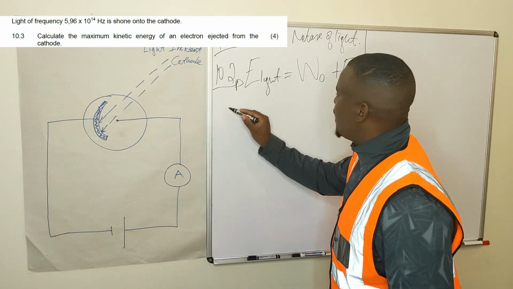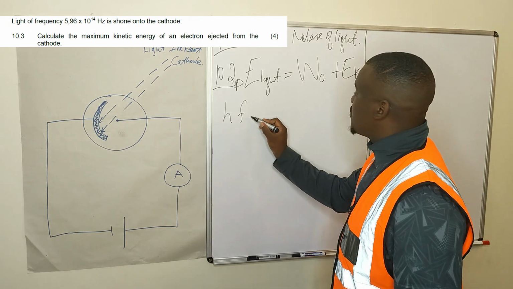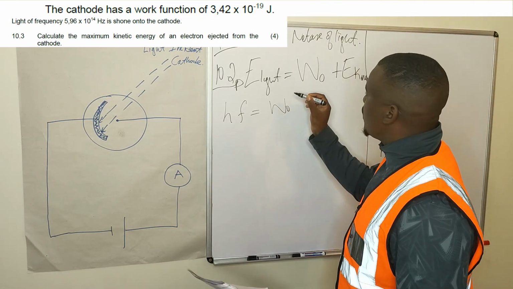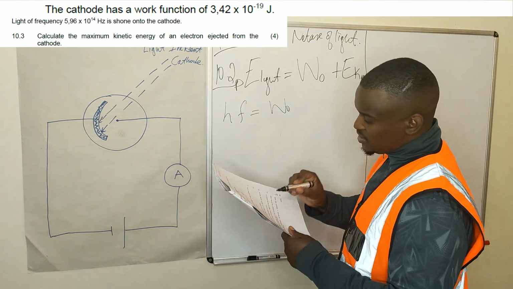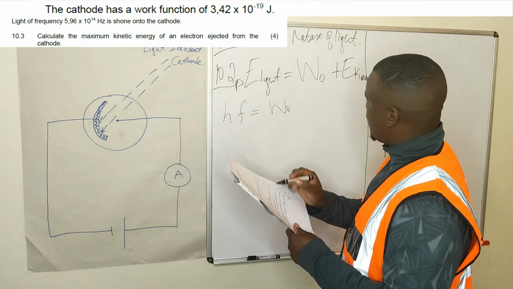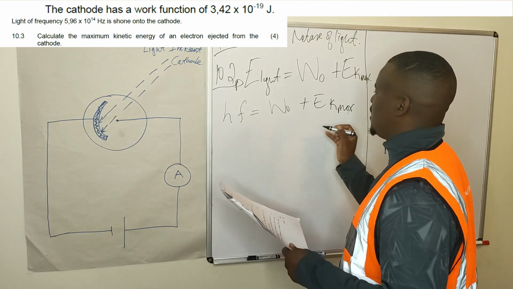So you know the energy of a light is h times frequency, which is Planck's constant times the given frequency of the light, which is equal to the work function, which we are given. We're given that the work function is 3.42 times 10 to the minus 19, plus EK max, which is the maximum kinetic energy.